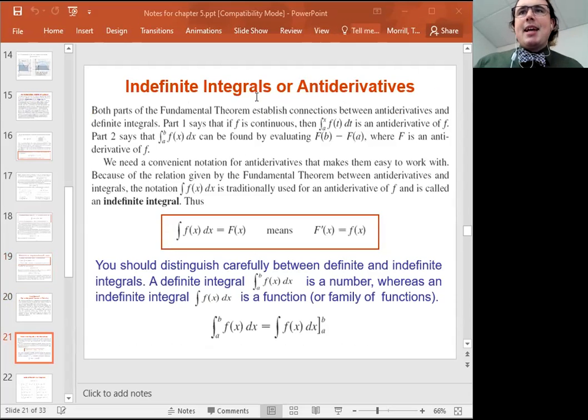Now, this idea is going to lead towards the idea of an indefinite integral. Why is it that I can undo derivatives, but I've got this plus c business? Every antiderivative has some constant because we lose constants when we take a derivative.